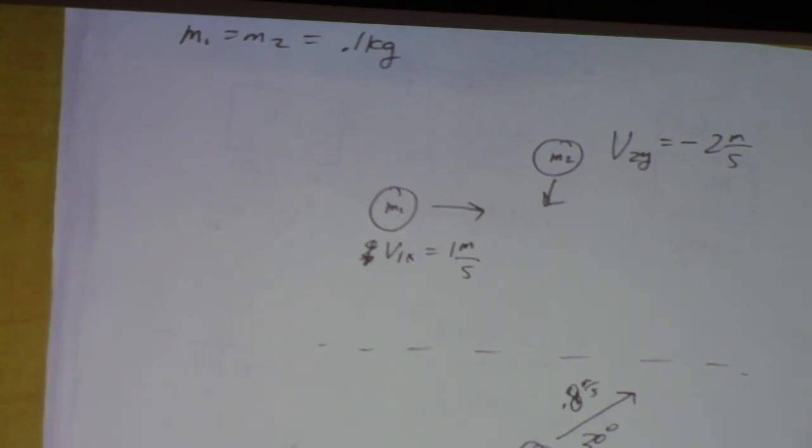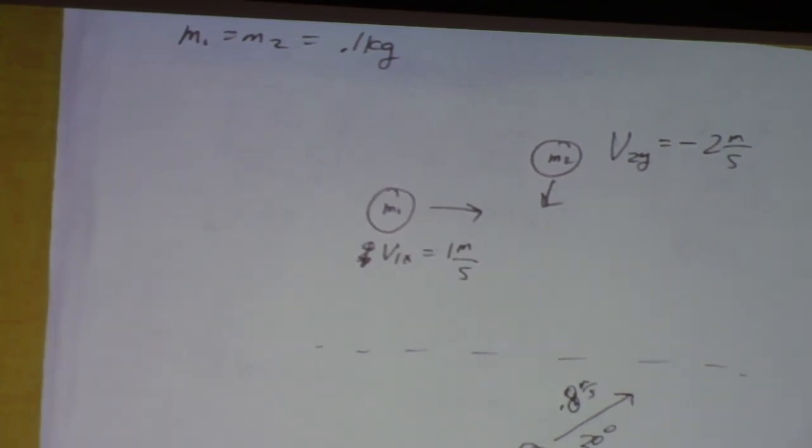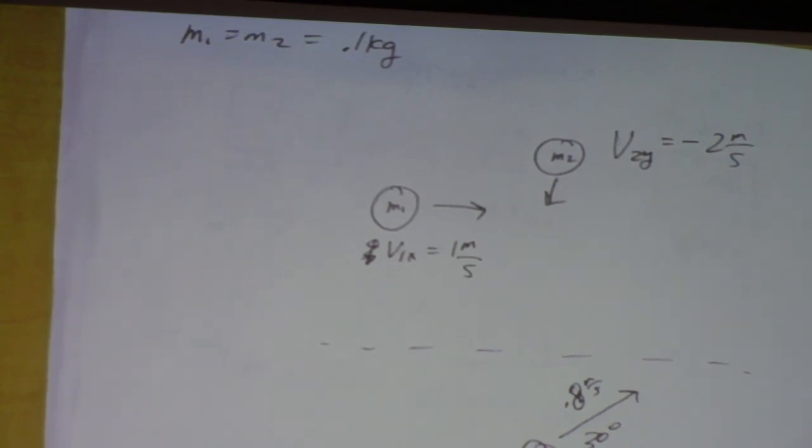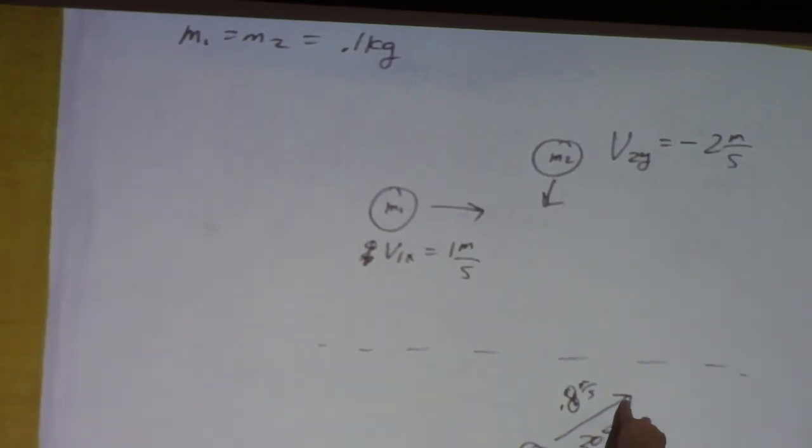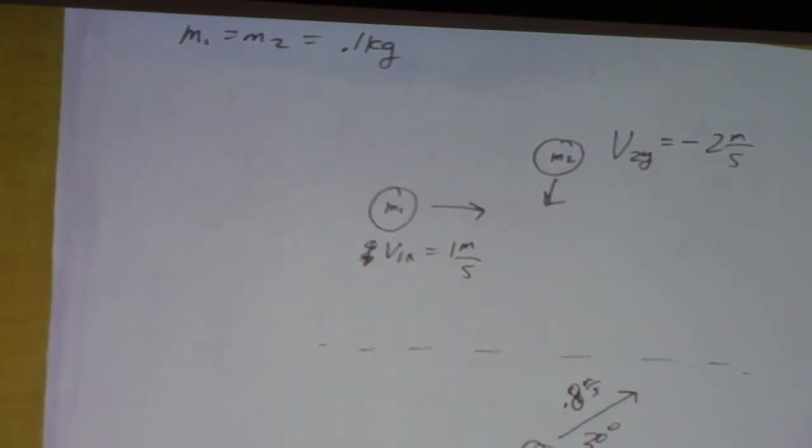Mass 2 here has some momentum that's got an upward component. If we started with only momentum down, afterwards we only have momentum down. So if this one has a little bit up, mass 1 has to have a whole bunch down, because mass 1's momentum down plus mass 2's momentum up has to equal mass 2's momentum down before the collision.